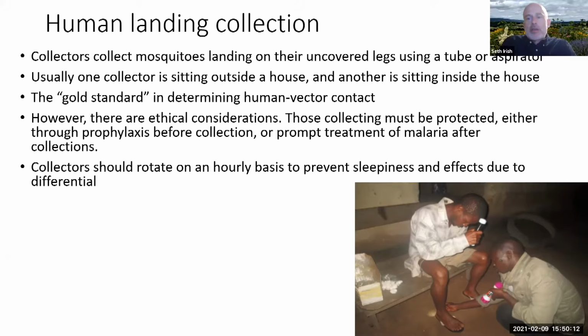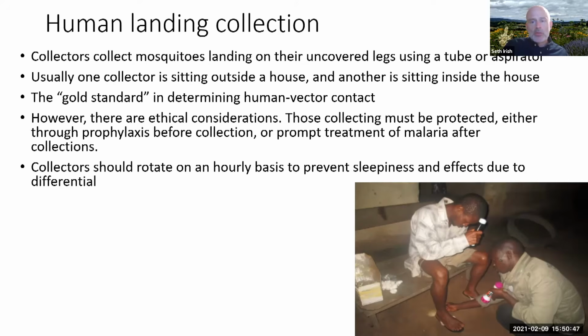So there are good ways to protect people from malaria when they're doing human landing collections: either treating them beforehand so that they don't get malaria, or treating them promptly if they do get malaria. However, this is not the case with all vector-borne disease. I think you're speaking quite a lot about dengue and other Aedes-borne diseases, which cannot be treated prophylactically or necessarily even after the fact.